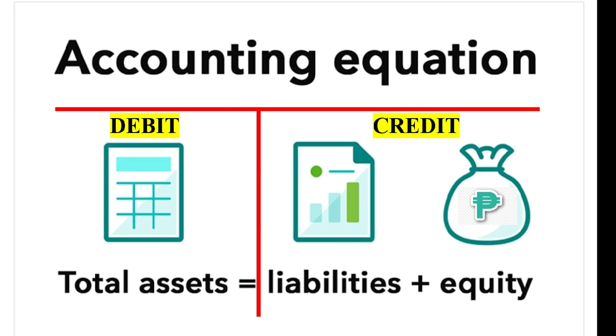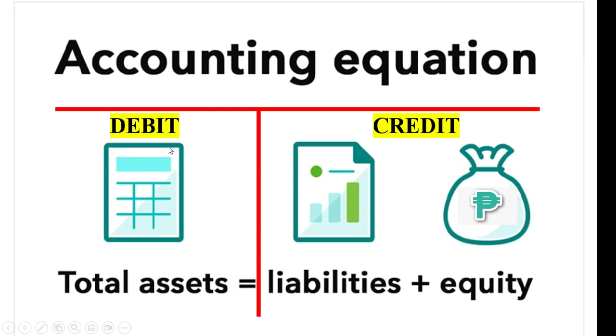So what does it mean when we say normal balance? Normal balance means that is the side on which that account increases. Since you can see assets under the debit side, that means all increases to assets require a debit.